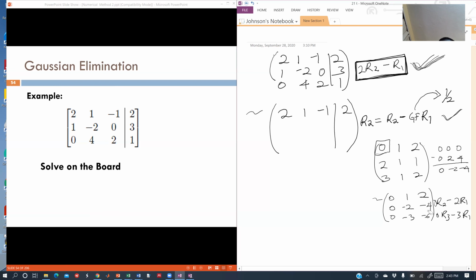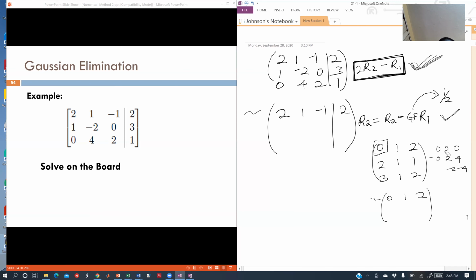If I want to eliminate the second row, this time I am going to write it as row 2 minus the Gaussian factor times row 1.